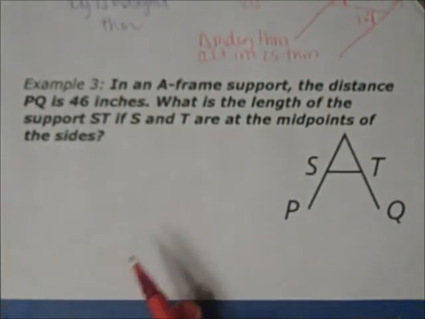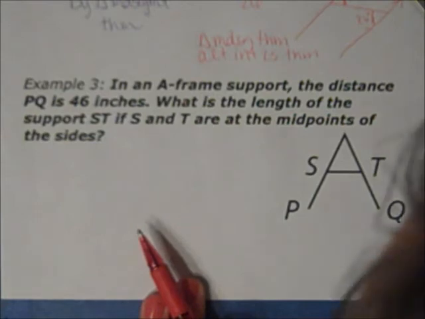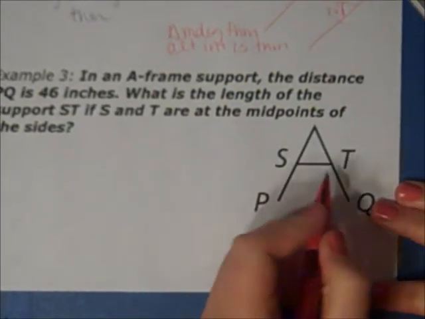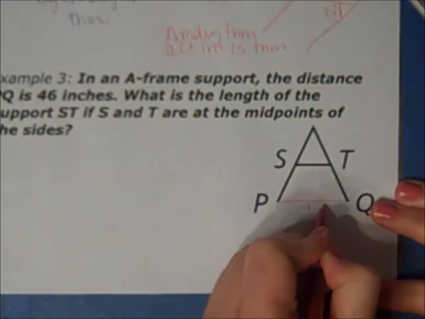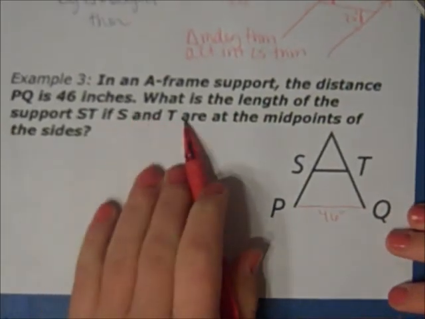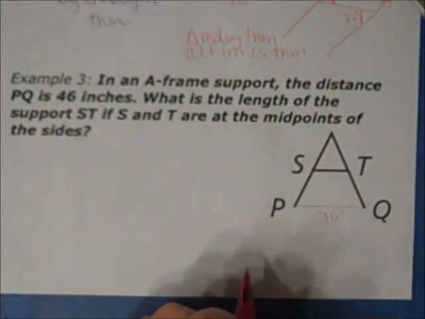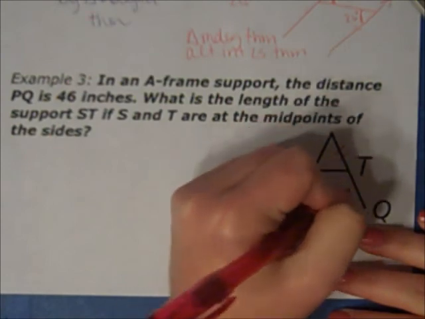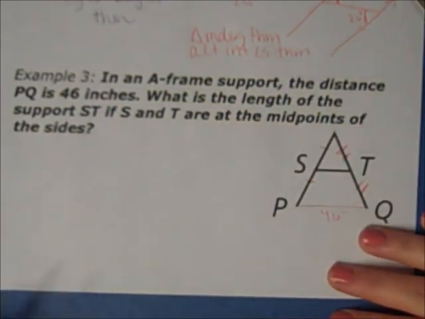Okay, last one. In an A-frame support, the distance PQ is 46 inches. So let's label that. PQ is 46 inches. What is the length of ST if S and T are the midpoints of the sides? So S is the midpoint here. T is the midpoint here.